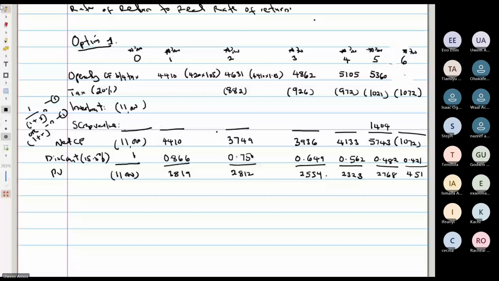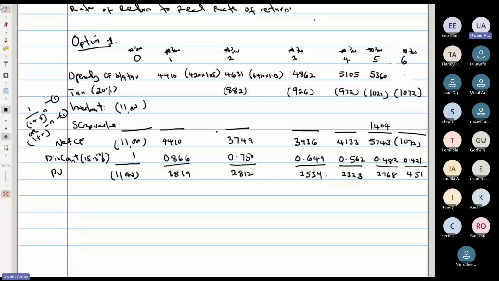Yeah, I think it's not correct. I did 1.15 when I was doing my computation. So 1.155 raised to the power of minus 5 is 0.487.